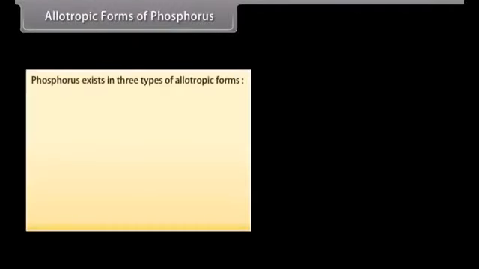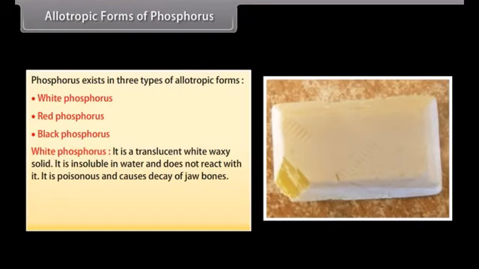Allotropic forms of phosphorus. Phosphorus exists in three types of allotropic forms: white phosphorus, red phosphorus, and black phosphorus. White phosphorus. It is a translucent white waxy solid.